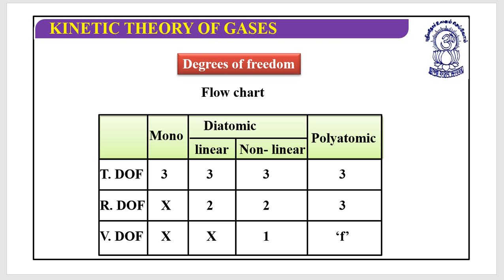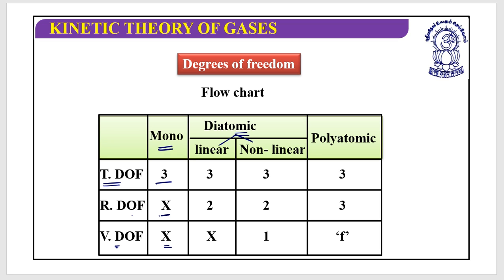Great. Now let's look at this degree of freedom summary sheet. Let's suppose the gas is monoatomic. When the gas is monoatomic, translatory degree of freedom is 3. Rotational degree of freedom, monoatomic does not contain. Vibrational degree of freedom, monoatomic does not contain. In the diatomic, we have two different cases. One is the linear, another is the non-linear.